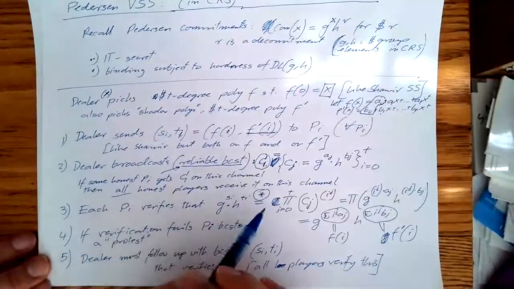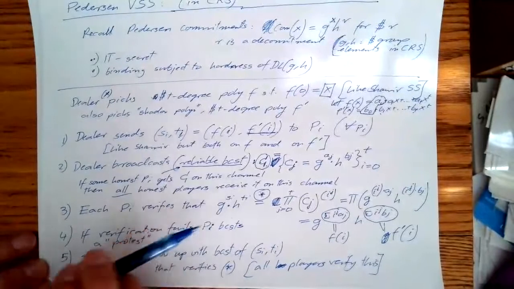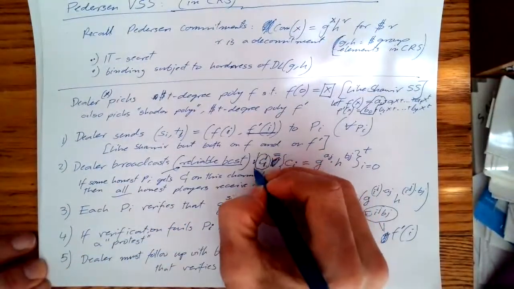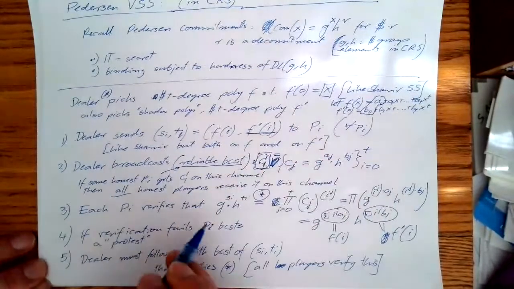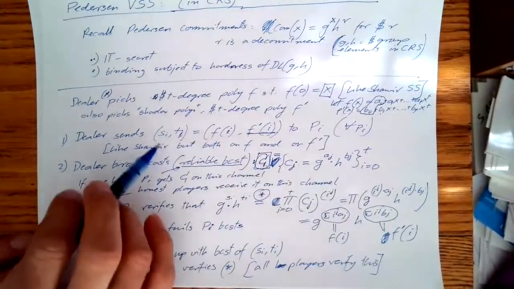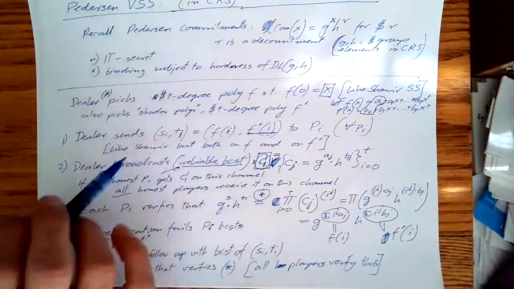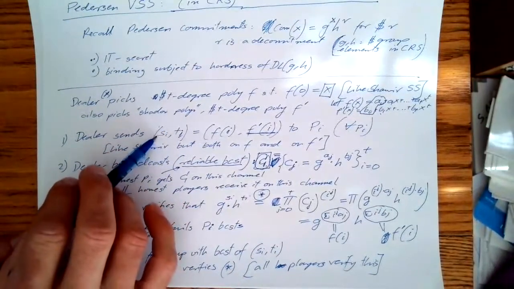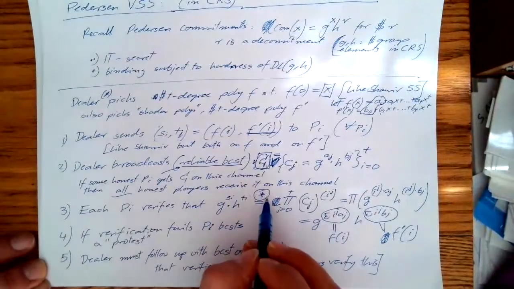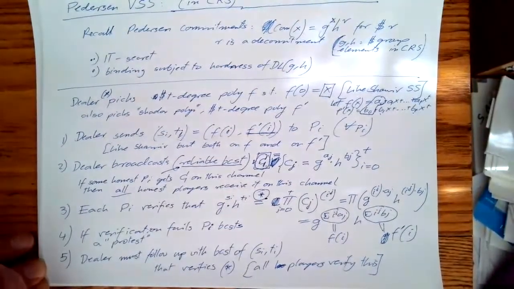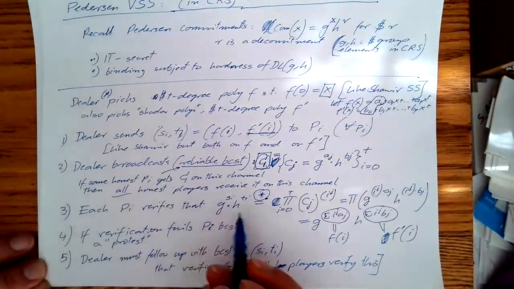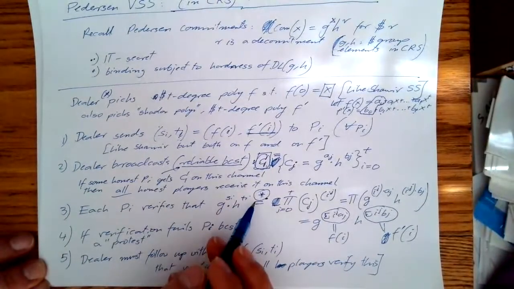I didn't show you the reconstruction phase, but it is obvious from this. Because this commitment is public, the reconstruction is just a standard Shamir reconstruction but on both F and F prime. So everybody broadcasts their share, and everybody verifies this equation. Again, only good shares will pass.